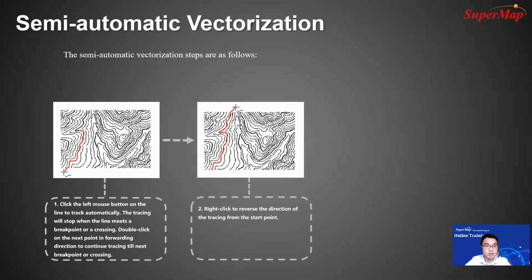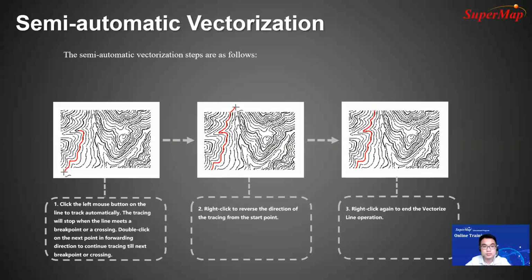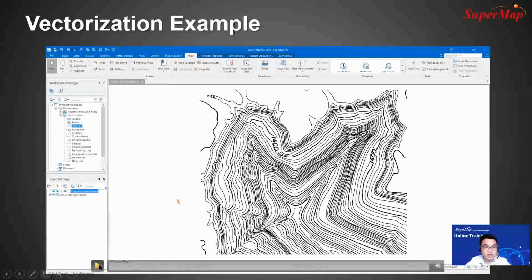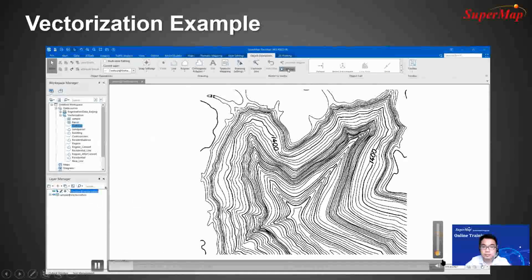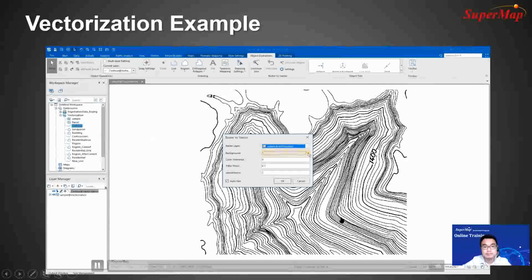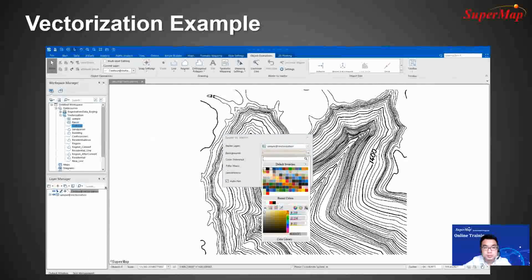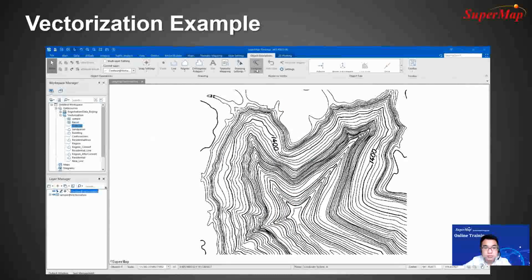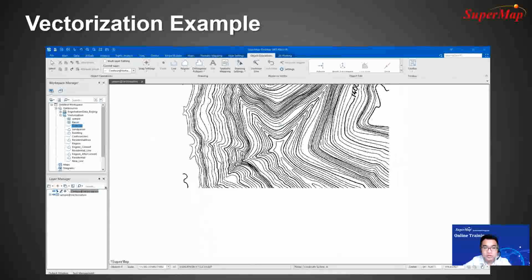And also for the inside line from some digital maps, it can automatically do the vectorization. We can see in this video. Now we start to draw.